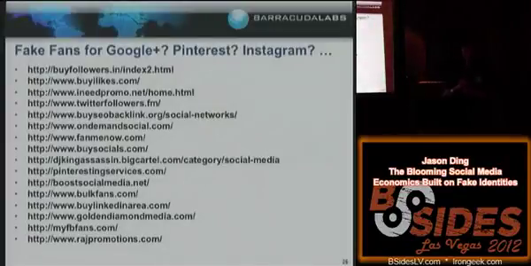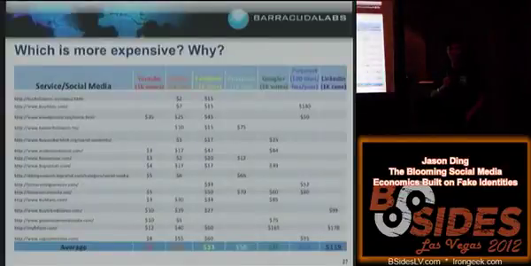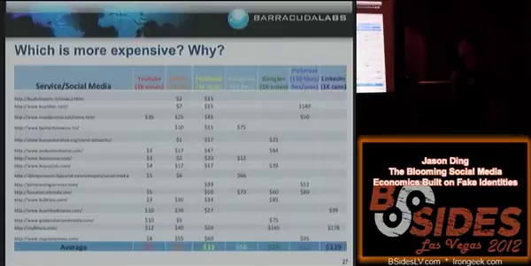So that's about Twitter. How about fake fans for Google+, Pinterest, Facebook, or Instagram? There are a lot more websites, at least here, for you to shop. Which one is much more expensive? At least a table here. You notice the cheapest ones are YouTube for 1,000 viewers, Twitter 1,000 followers, Facebook 1,000 likes.